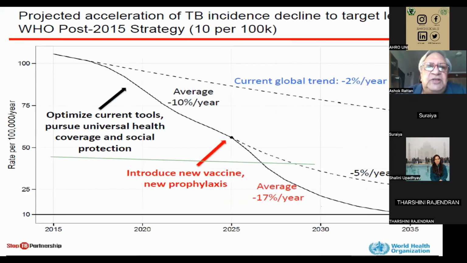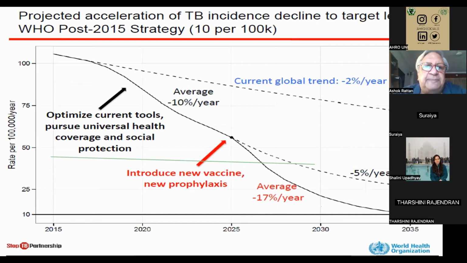It was postulated that in developing countries where the incidence was more than 100 per 100,000, for tuberculosis to be controlled and eradicated as a public health problem, the incidence had to come down to less than 10 per 100,000 population, which is what is there in the developed countries.